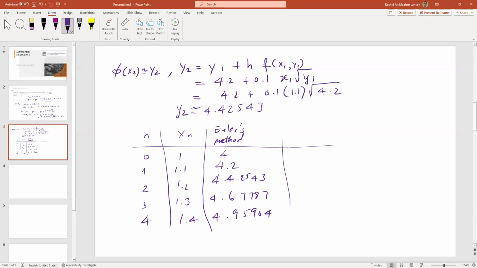I'll just add something here for you. If we look for the exact solution, we would find that the function is this.